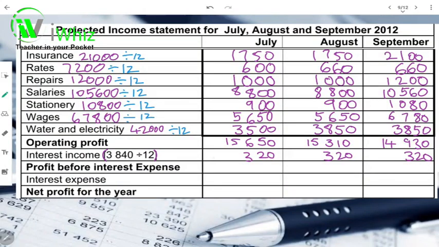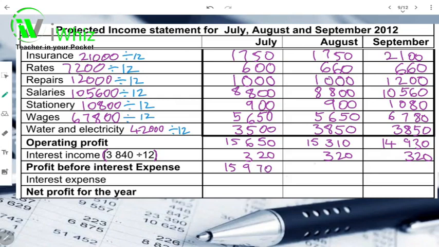Lastly, wizards, we're going to look at your profit before interest expense, your interest expense, and your net profit for the year. So your profit before interest expense would be your operating profit plus all interest income. Why do we add it? Remember, we're receiving interest on our fixed deposit. So 15,650 Rand plus 320 Rand on your calculators will give you 15,970 Rand.